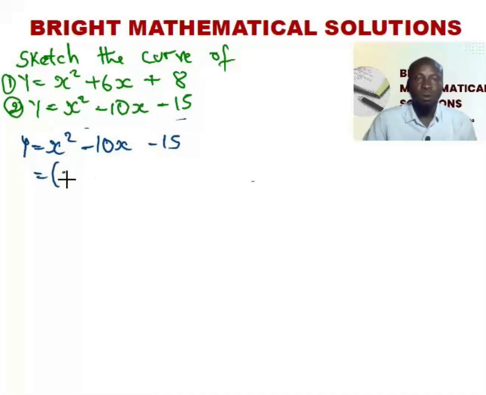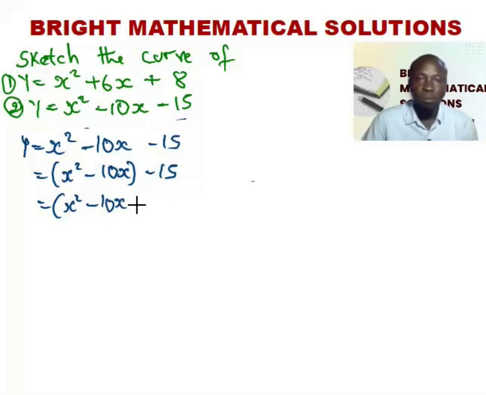From here, we take x squared minus 10x. We are looking for half of the coefficient of x, which is 5. If we square it, that is plus 25 minus 25 and minus 15.